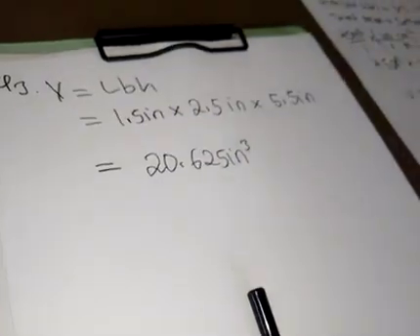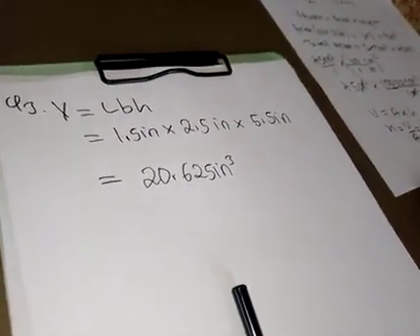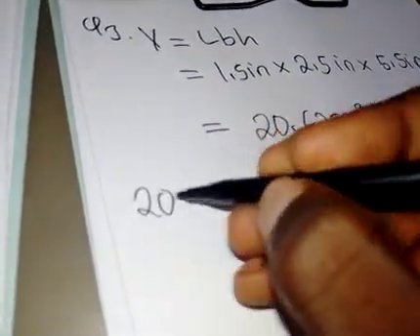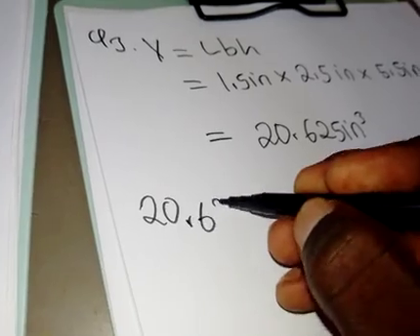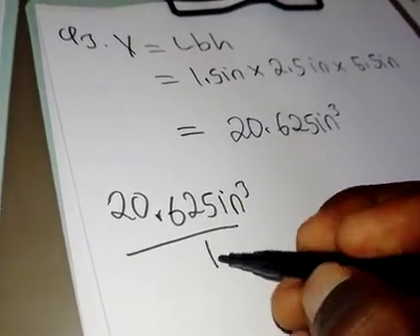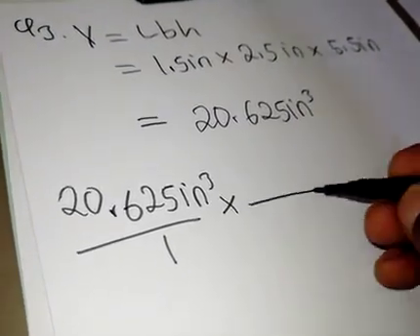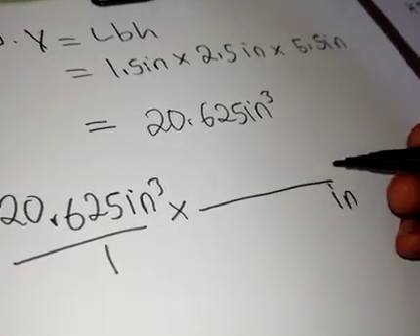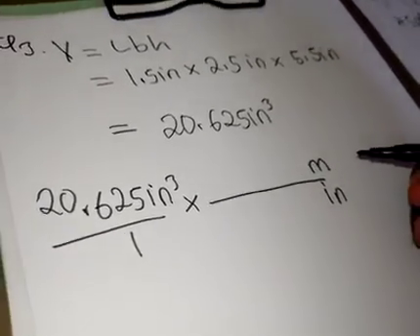Then these cubic inches should be converted to cubic meters. So we'll start with 20.625 cubic inches, over 1, multiplied by the conversion factor we have been given. We want to get rid of the inches, so we should put meters on top there.